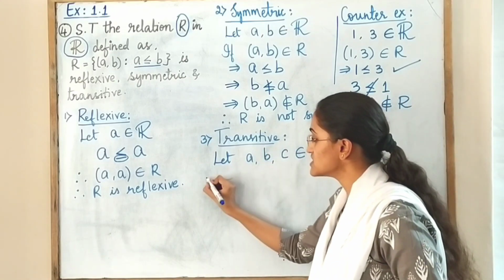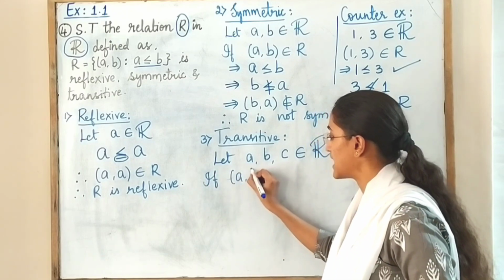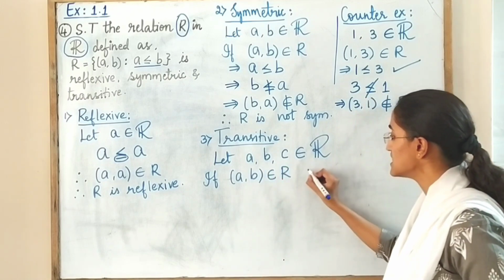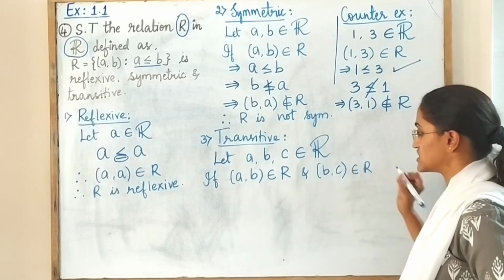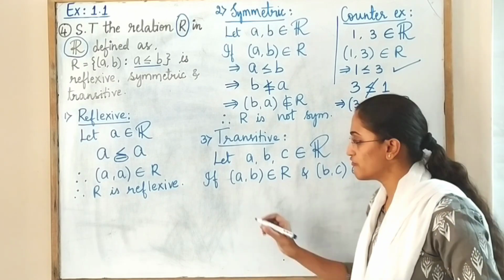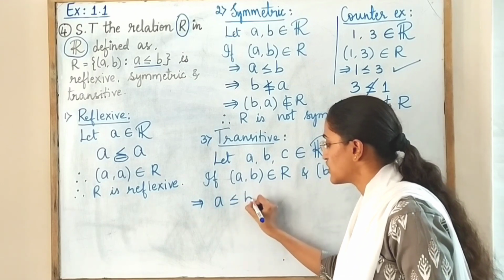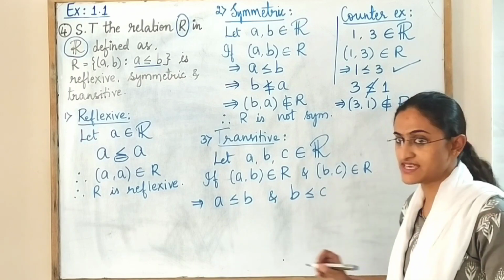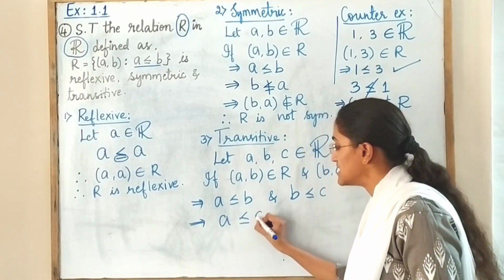Now, according to the transitive condition, if the element A comma B belongs to the relation R and B comma C belongs to the relation R, it is a very well-known result that if A is less than or equal to B and B is less than or equal to C, then obviously A will also be less than or equal to C.